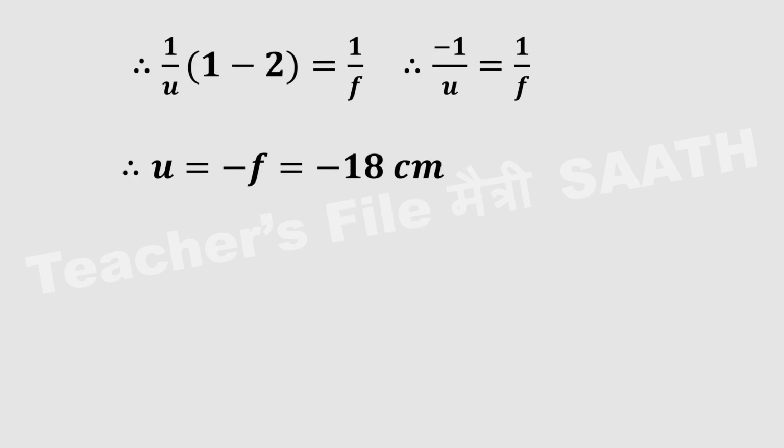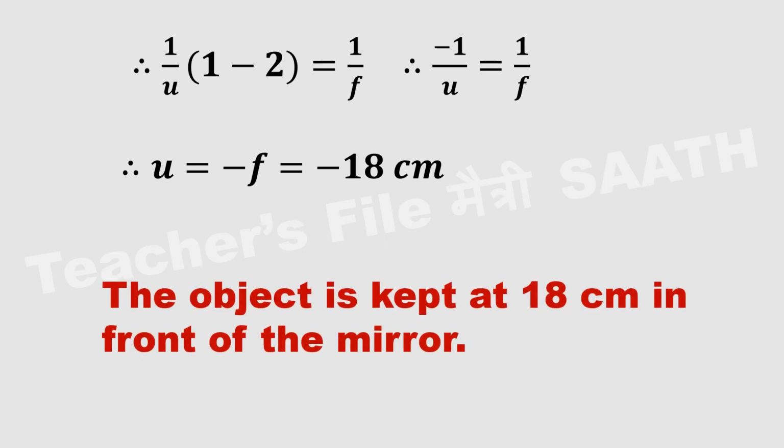Therefore, 1 upon u in bracket 1 minus 2 bracket complete is equal to 1 upon f. Therefore, minus 1 upon u is equal to 1 upon f. Therefore, u is equal to minus f is equal to minus 18 cm. The object is kept at 18 cm in front of the mirror.